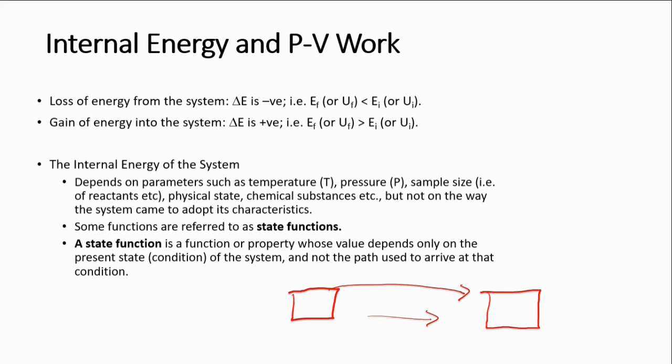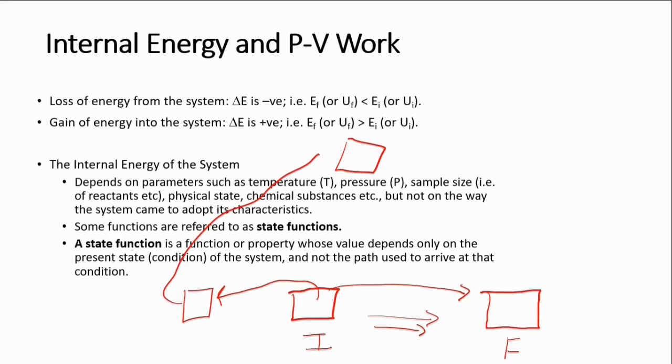This is the initial state, let's just call this I. And this is the final state, let's just call it F. Instead of just moving it directly over there, you could probably decide to take it and put it here. And maybe you decide to take it and put it here. And then you decide to take it and put it there finally.